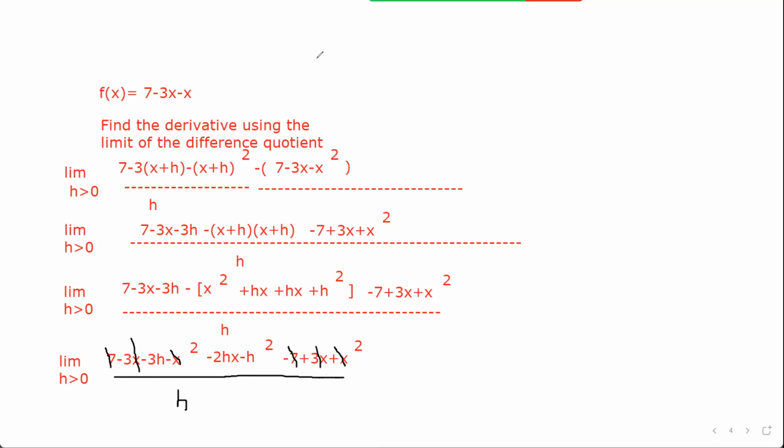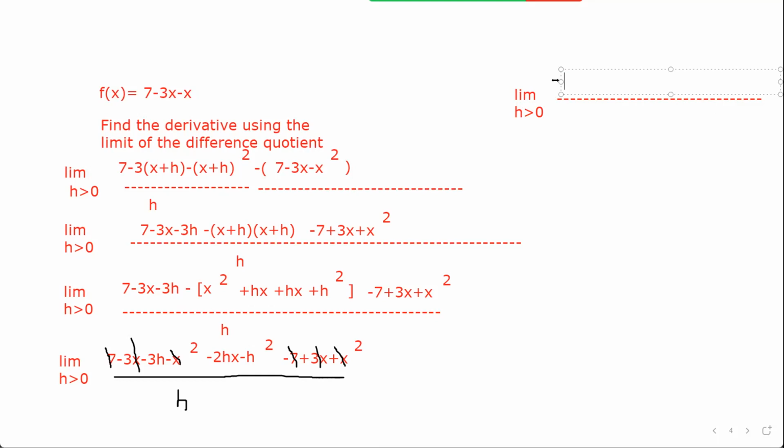Right. Now I'm going to come up here and say limit as h goes to 0. And what do I have left?